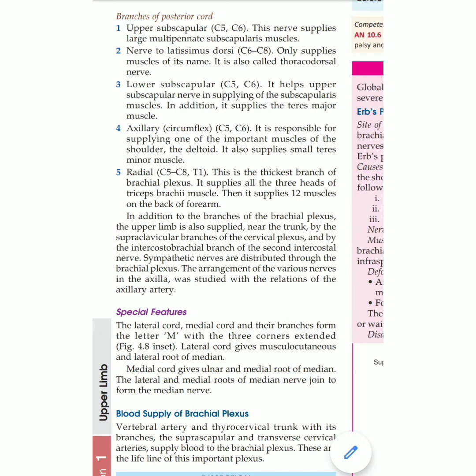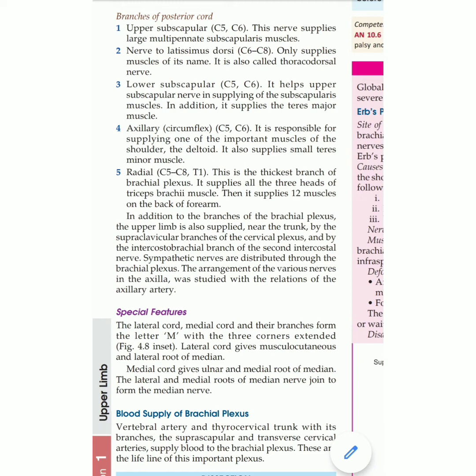Lower subscapular nerve, C5-C6. It helps the upper subscapular nerve in supplying the subscapularis muscle. In addition, it supplies the teres major muscle. 4. Axillary circumflex nerve, C5-C6. It is responsible for supplying one of the important muscles of the shoulder, the deltoid. It also supplies the small teres minor muscle.